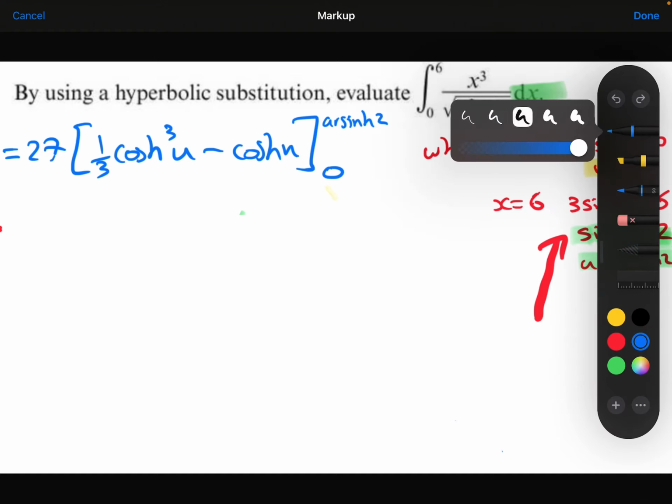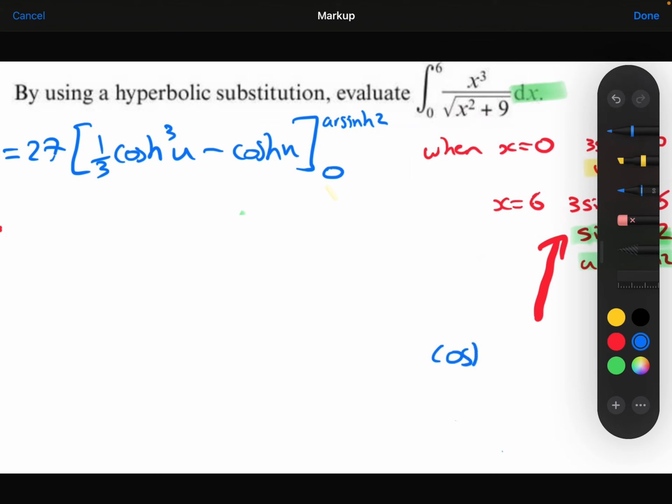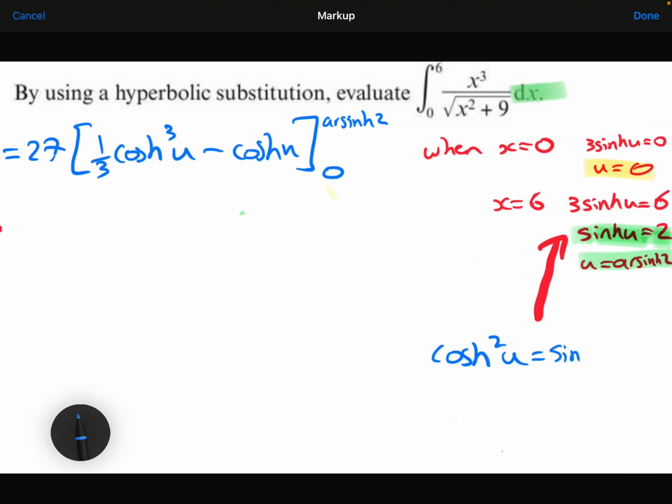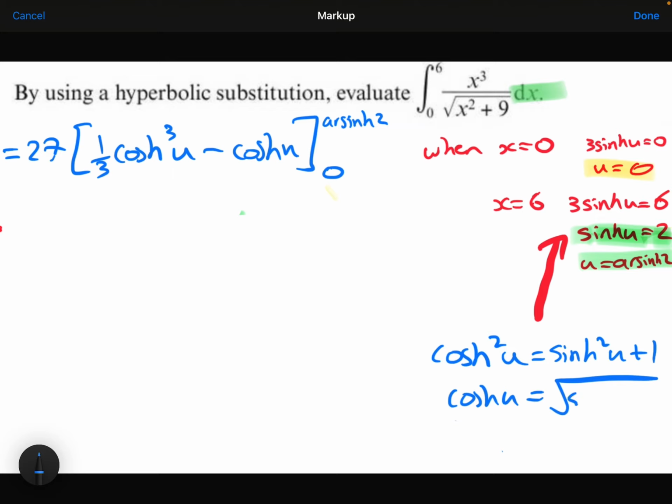Remember that cosh squared u equals sinh squared u plus 1. So therefore our cosh u equals the square root of sinh squared u plus 1. And sinh u is 2.